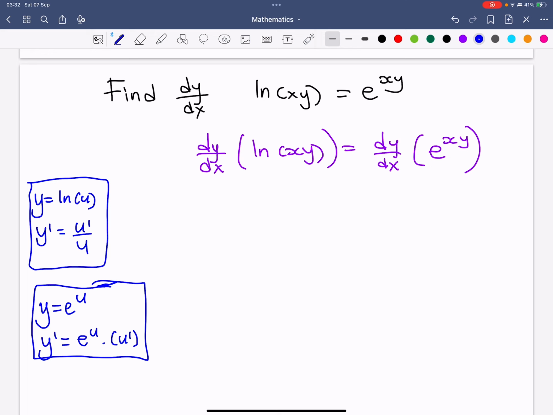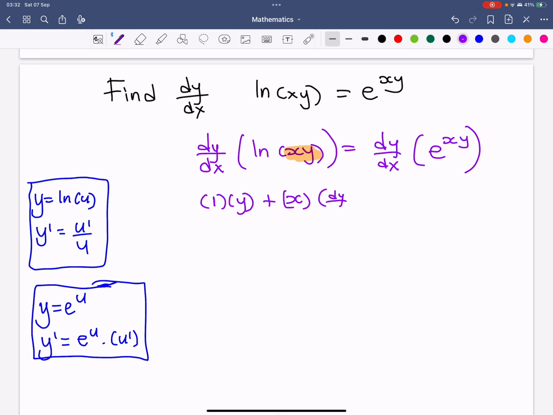So on the left hand side, we're going to find dy over dx. In this case, what is this? This becomes a product rule. In order to find the derivative of the u, we use the product rule. So it's going to become 1 multiplied by y plus x multiplied by, what is the derivative of y?